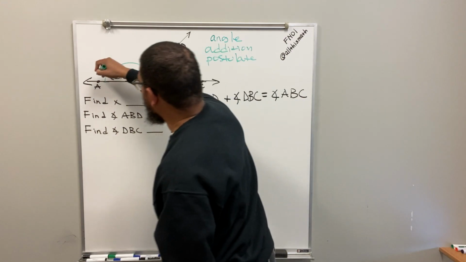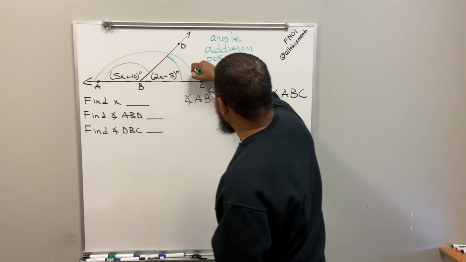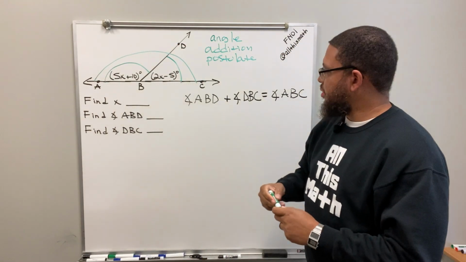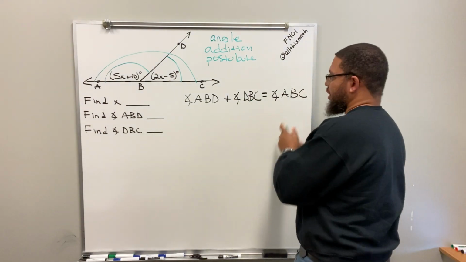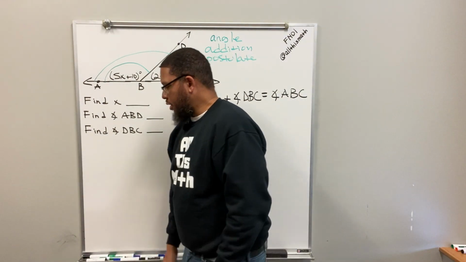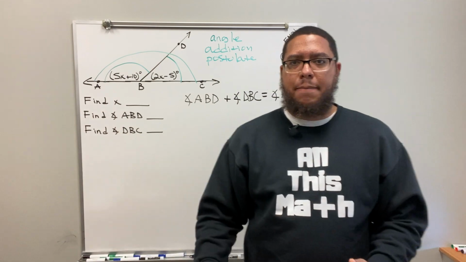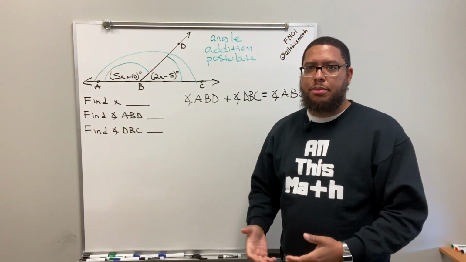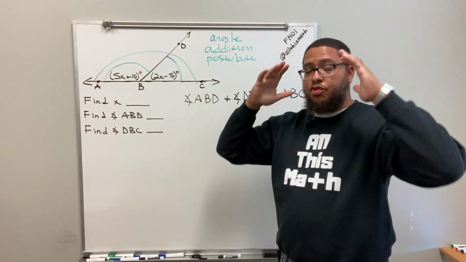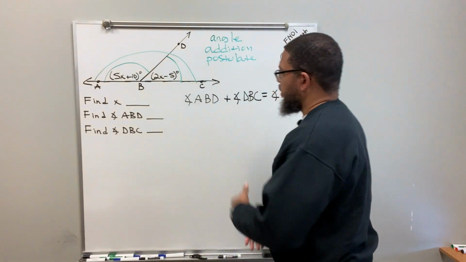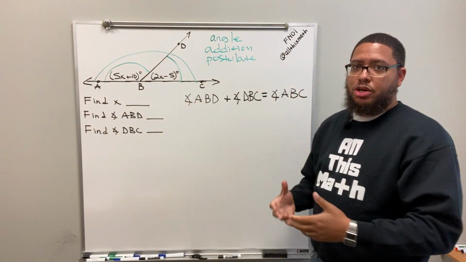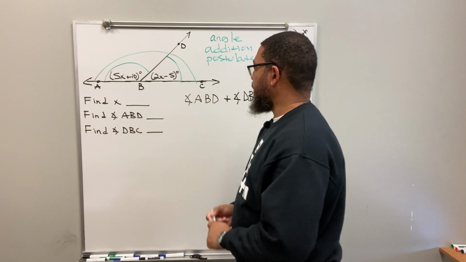If I put those two angles together, it makes that whole angle. So that's this plus this equals this. I want to emphasize that because a lot of the work that we do in geometry is about visualization. If you can visualize it, then the algebra part and setting up the equation becomes easy. You know what I'm saying?